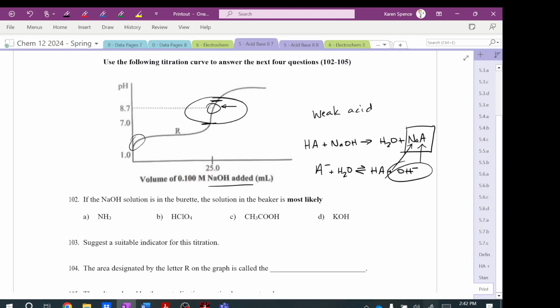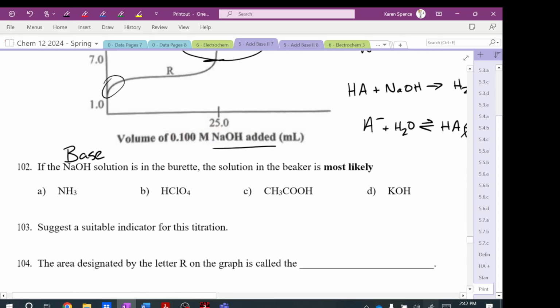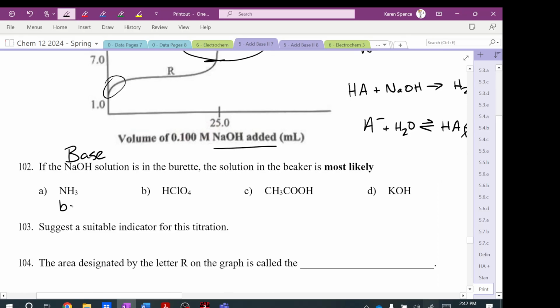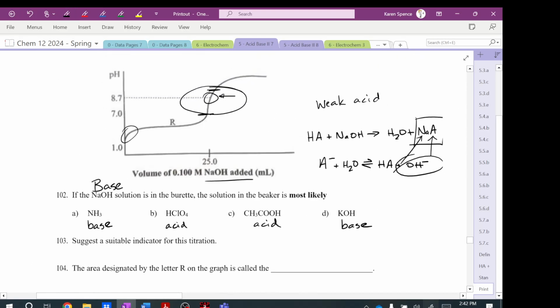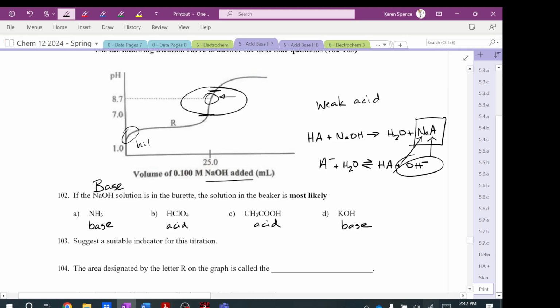If the NaOH solution is in the burette, the solution in the beaker is most likely, well, we have a base here, so it needs to be an acid. We have base, acid, acid. And we see that there is the hill.